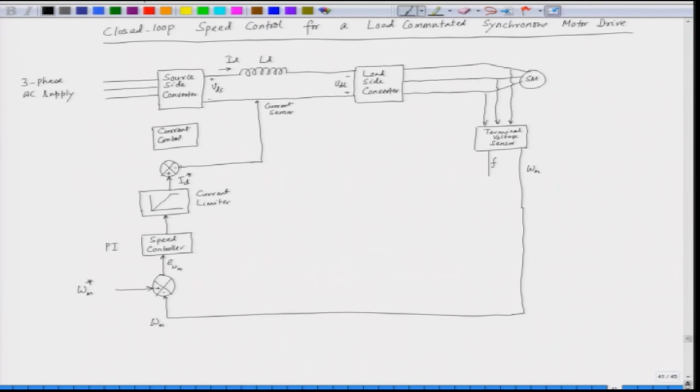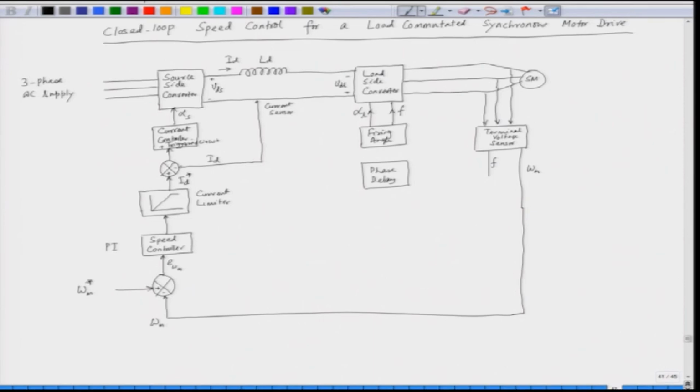The current error goes to the current controller and the triggering circuit, which gives alpha S, controlling the source side converter. Then we have a firing circuit for the load side converter. So, what we do here is give the alpha L, the load side firing angle, and also the frequency is given here.